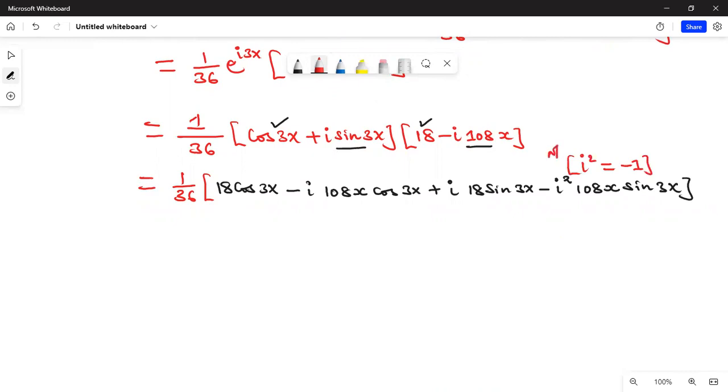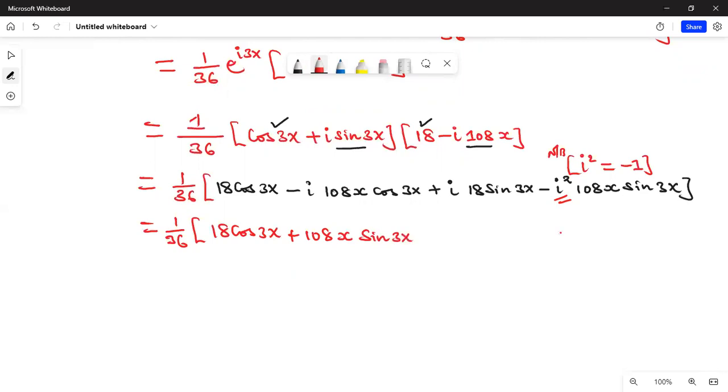So this can as well be written as 1 over 36, 18 cos 3x. So I replace I squared here by -1. That will now give us plus 108x sine 3x.